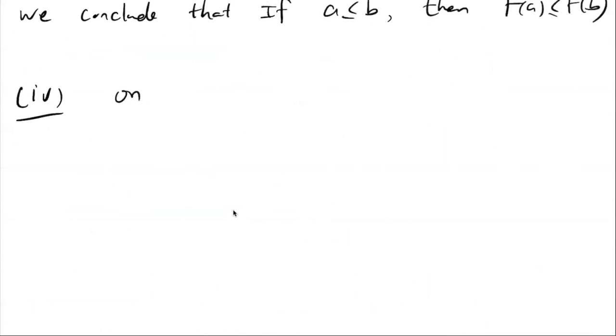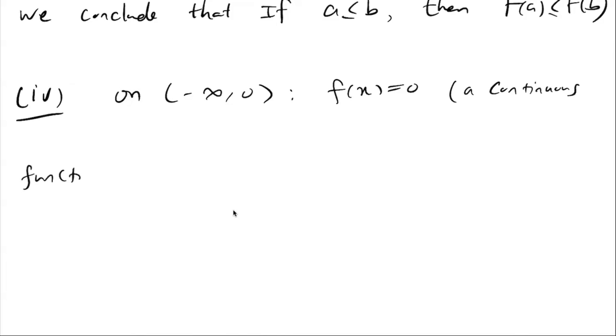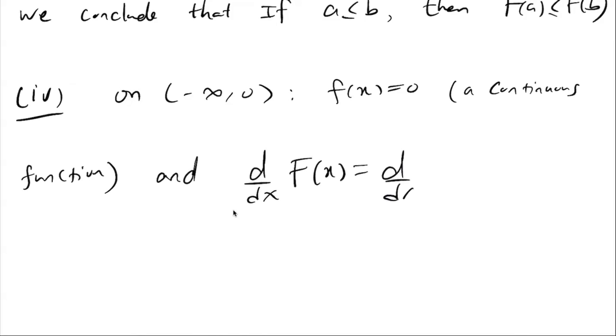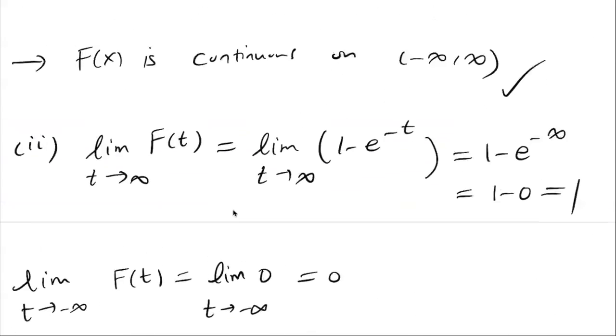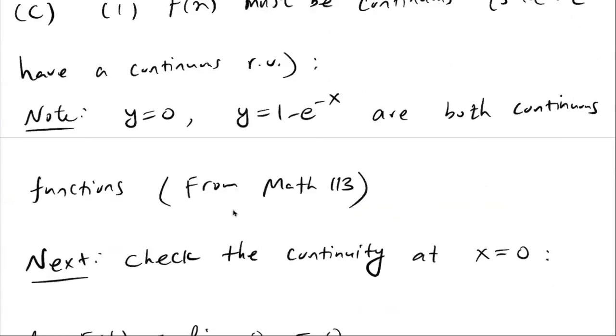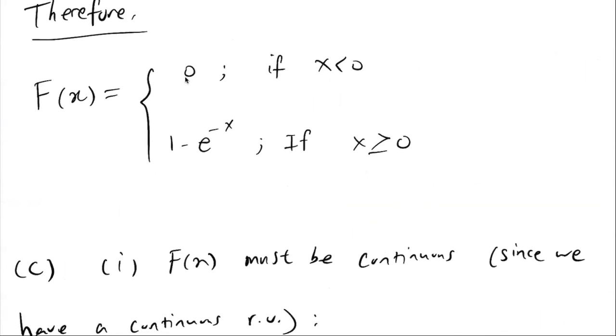So on minus infinity to 0, small f of x is 0, which is a continuous function. And derivative of CDF, what is CDF for x less than 0? For x less than 0, the formula for CDF is 0.